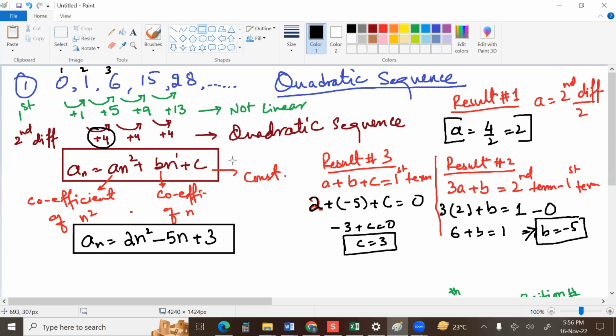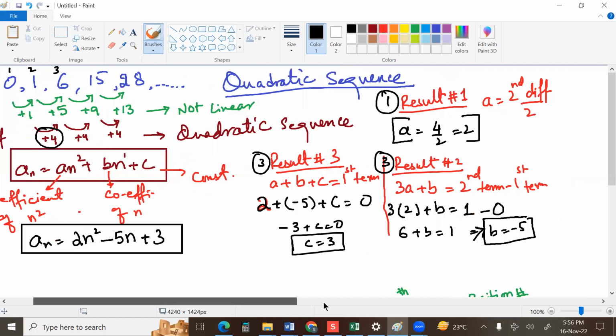We will find these a, b, c unknowns by these following results in the specific order. A is half of second difference, B: 3a plus b is second term minus first term, and the result number 3 is sum of a, b, and c is the first term. Once all these values are found, you will plug into this general formula. Again, an is the nth term and n is the position number.